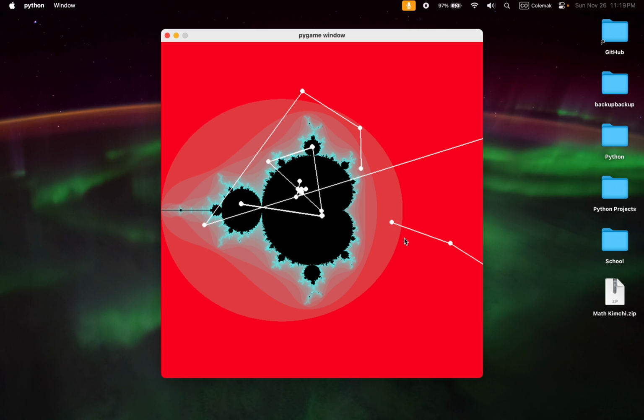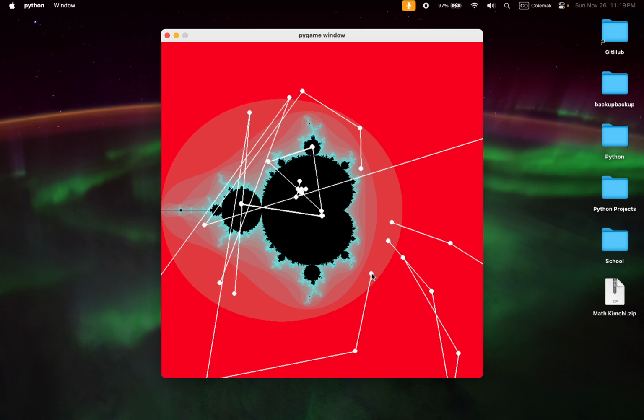With points like this, it escapes in one iteration, or the second iteration escapes. With this point, the third iteration is the one that escapes, and anything with this color escapes in 2 or 3, depending on how you phrase it.